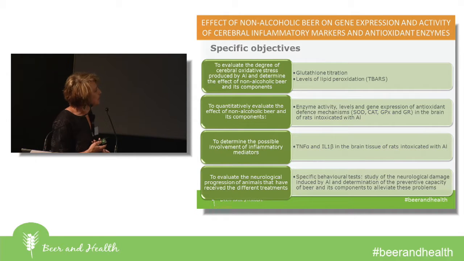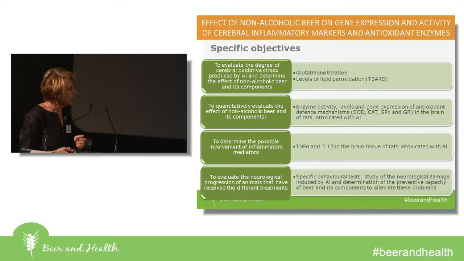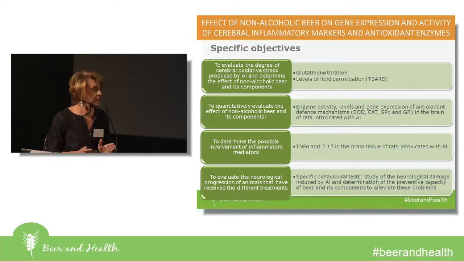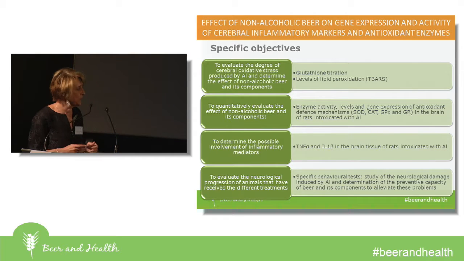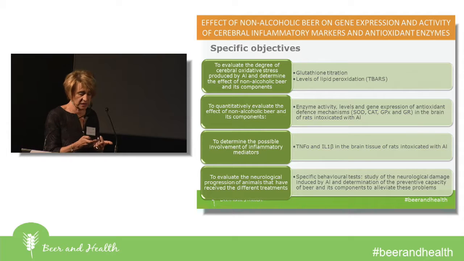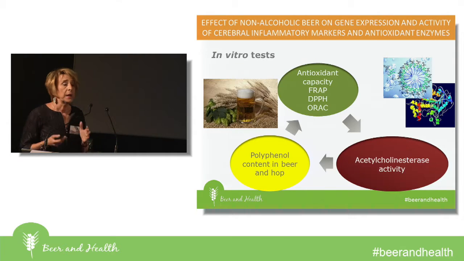We quantified antioxidant enzymes. We determined the possible involvement of inflammatory mediators, and we evaluated the neurological progression of animals that had received the different treatments. This was with the goal to see how it affected the neurological damage that could have been provoked by the aluminum, and to see if the components of beer could revert this effect.